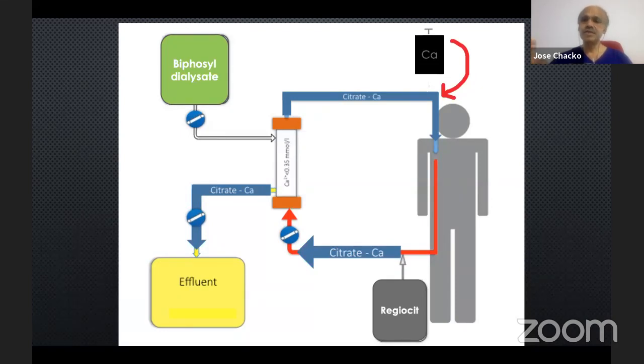There are two ways in which you can do it. What many do is to measure the calcium level from pre-filter. You measure it pre-filter and from the patient. The pre-filter level of calcium is maintained at about 0.25 to 0.4 millimoles per liter, which indicates that the calcium is adequate. That is pre-filter.